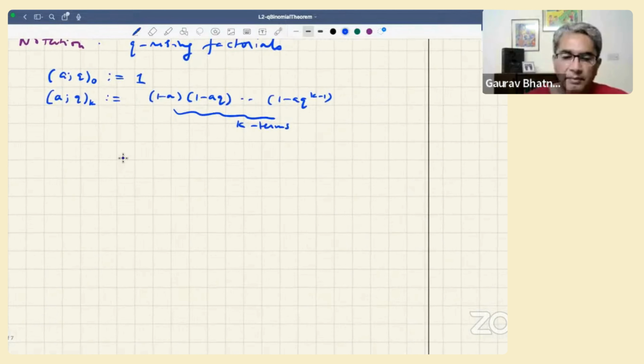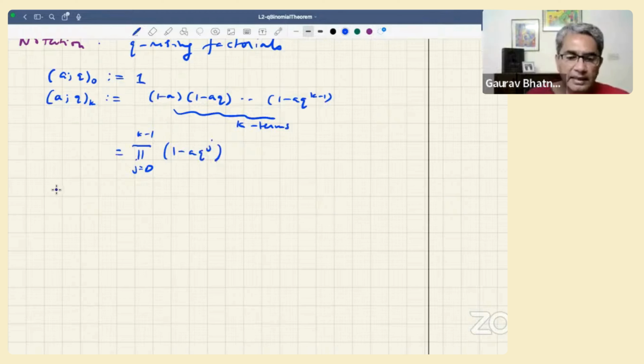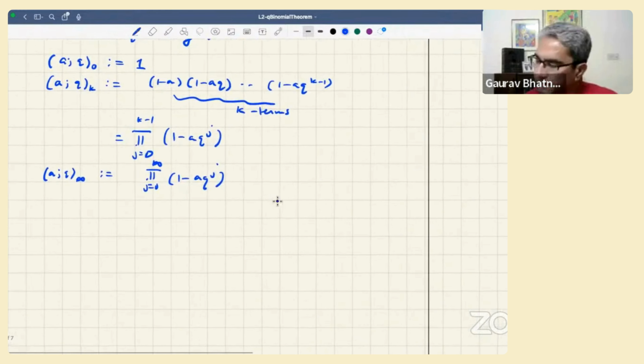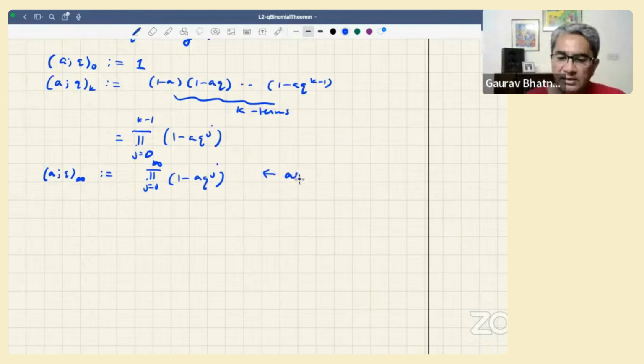So we usually just use the product notation and write it like this: the product of (1-aq^j). This is called a q rising factorial, and we also use this notation when k is equal to infinity. You can regard this as a formal power series or as an analytic function.